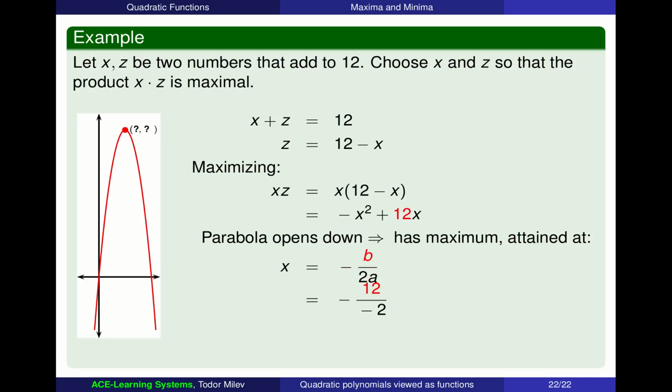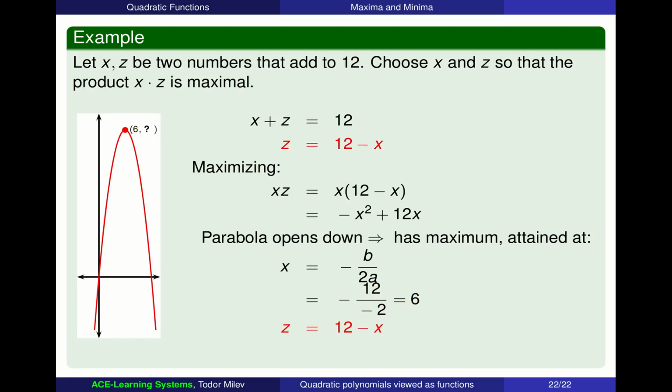Well, b equals 12, that's the coefficient of x, and a is equal to negative 1. So 2 times a is negative 2. So 12 divided by 2 is 6, and minus times minus is plus. So this cancels down to 6, and my final answer is x equals 6.